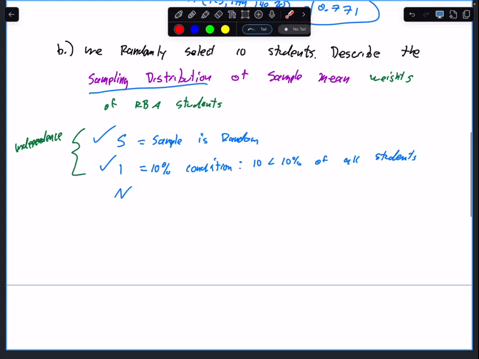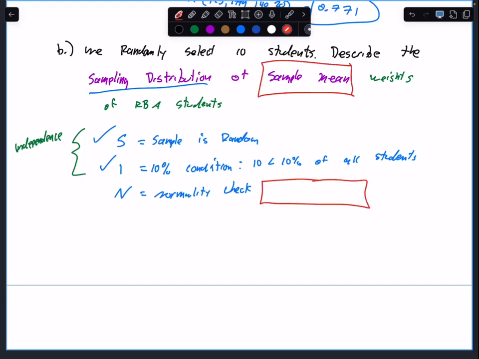And then the last condition is the normality check. Because we're talking about sample means, it's the nearly normal condition.